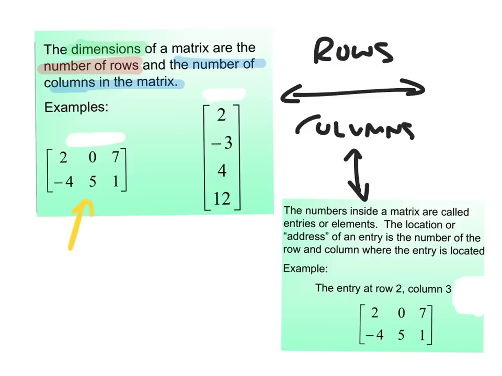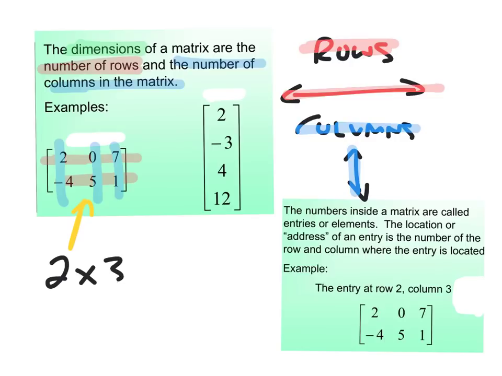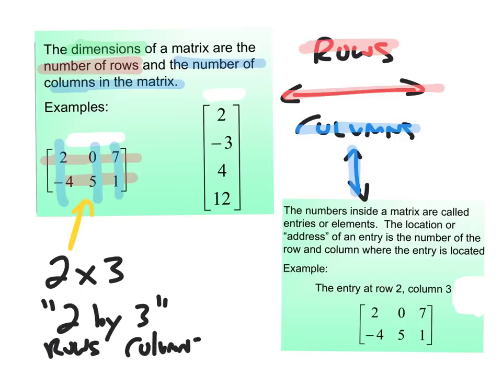This particular matrix has 2 rows, and it has 3 columns. So we say the dimensions of this first matrix are 2 by 3. You always have the number of rows followed by the number of columns.